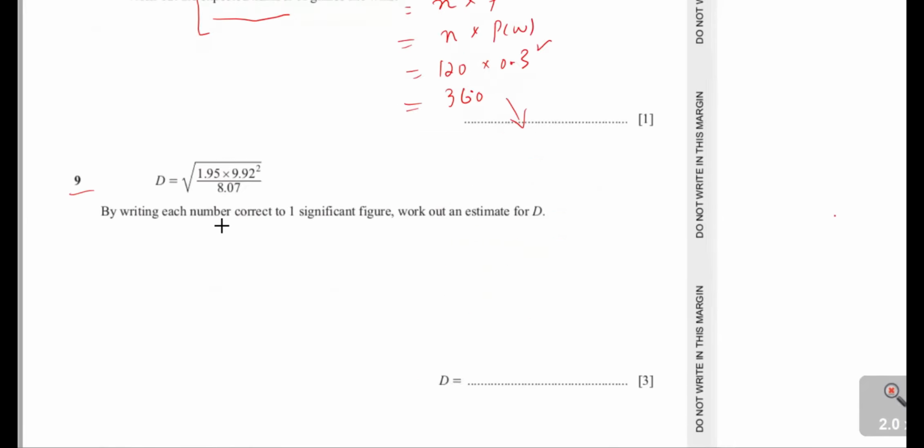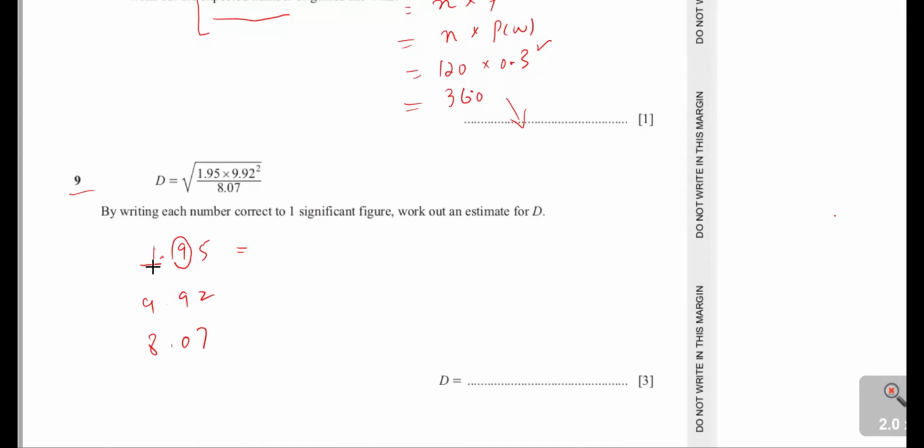Question 9. By writing each number correct to one significant figure, look here, the numbers are 1.95, 9.92, and 8.07. We will write these values to one significant figure. For one significant figure, we underline the first non-zero digit. Here 1 is the first non-zero digit, and we look at the neighboring digit. If the neighboring digit is 5 or greater, we round up. Therefore, we write this value as 2. Now the next value 9.92, we underline 9, and the neighboring digit is greater than 5.